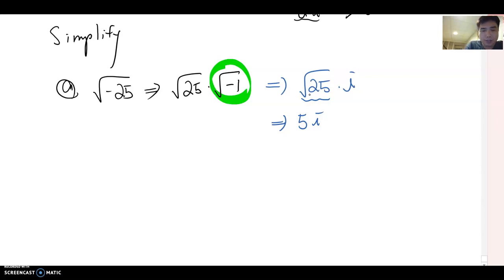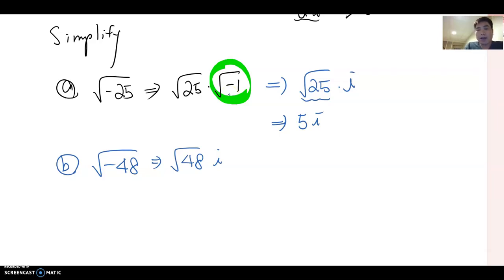Okay, now the second one. What about root negative 48? In this case, obviously we can rewrite it as root 48 times i. Now I don't have to write root negative 1. You see that, right? That's why I just wrote root 48 times i. Now I'm going to simplify this number.